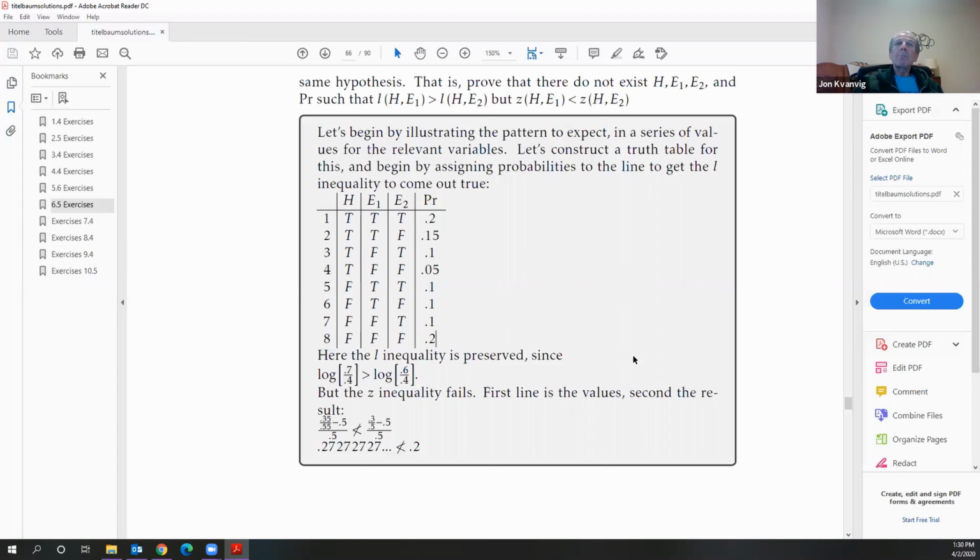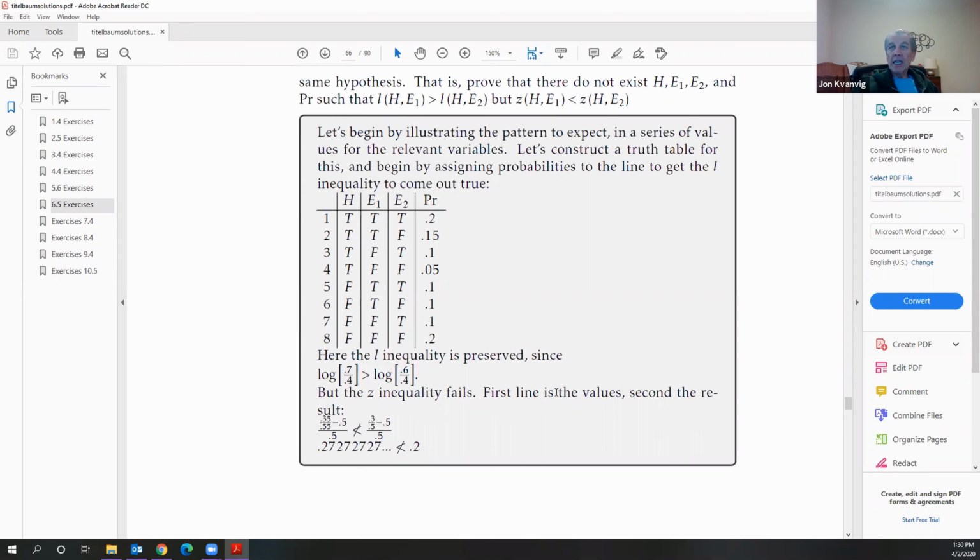Now, you'll be able to see this for yourself, but the log of H relevant to E1 is going to be 0.7 over 0.4, which is, of course, greater than the log of 0.6 over 0.4, but the Z inequality fails.